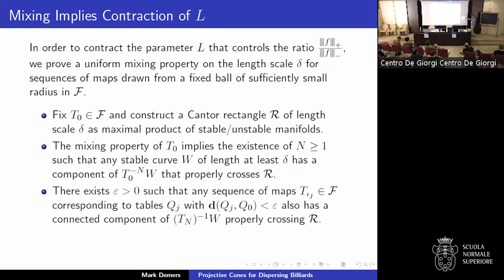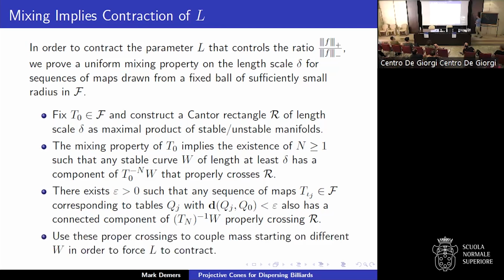And then if you perturb that, once you have that time n, then you can choose an epsilon so that sufficiently close billiard maps or sufficiently close billiard tables will also have a component of a stable curve crossing at that same time.